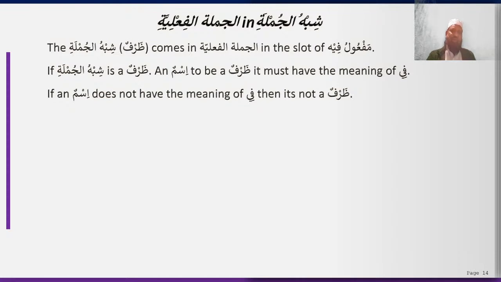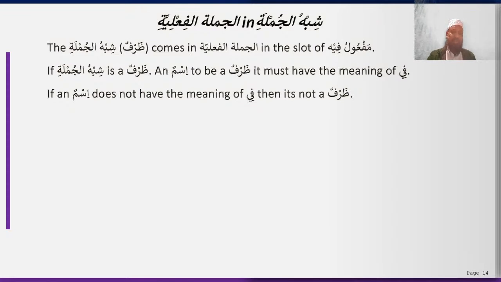There are some words that are مشترك, you can say. They're used as normal isms, but they are also used as ظرف. So when we use them as a ظرف, we assume there is the meaning of في in it. And when we use those isms as a normal ism, we assume there is no في meaning in it.